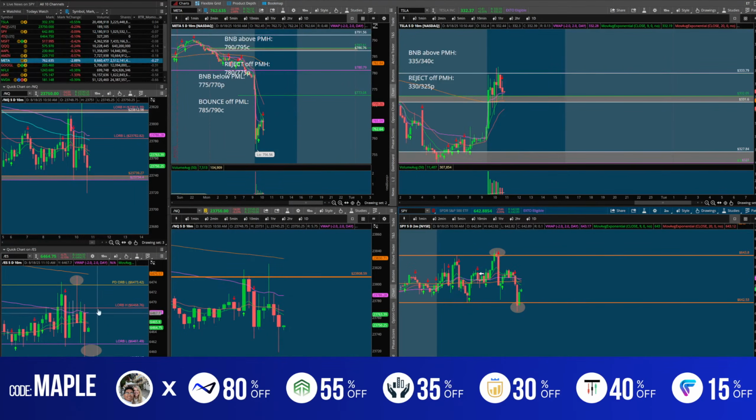See, look at that 10-minute close. They couldn't even close outside of it, bro. Watch the 3-minute EMA cross and retest. I mean, it could just be a choppy range day, guys.